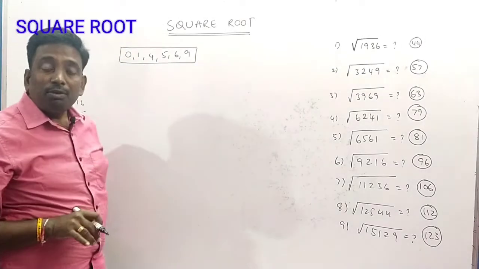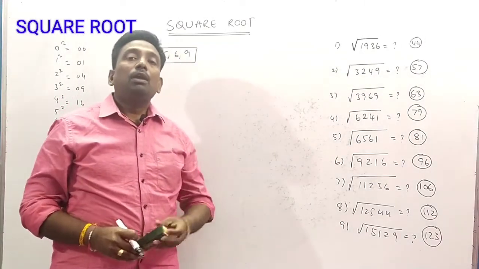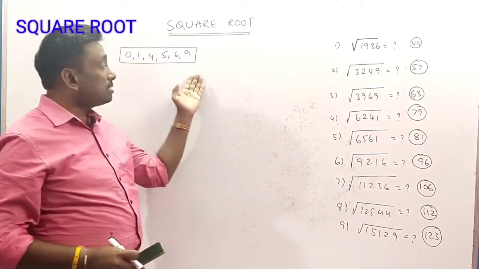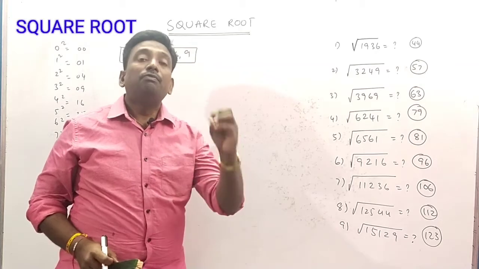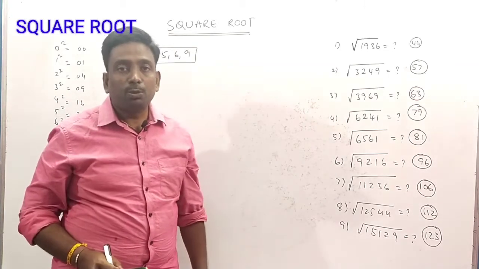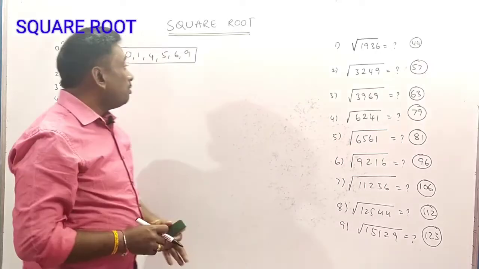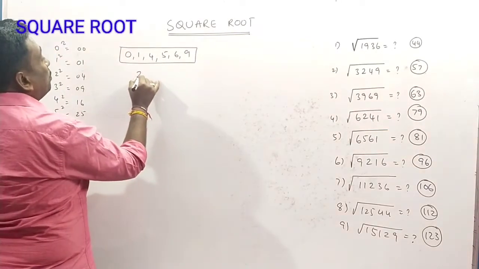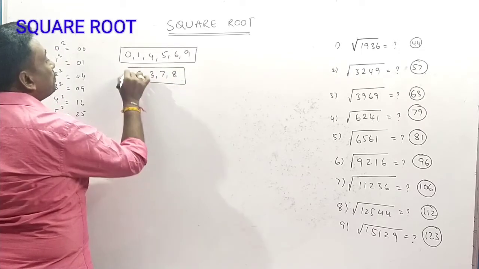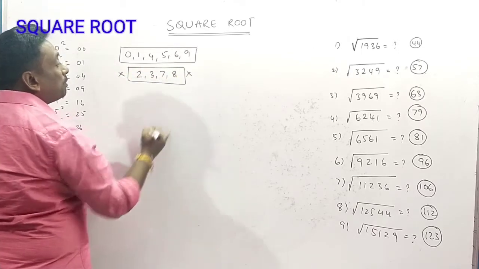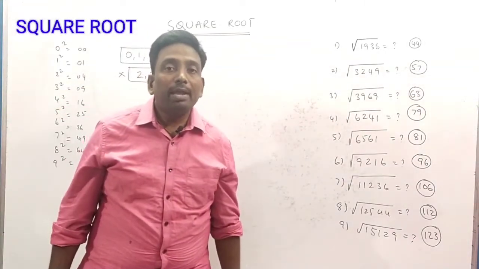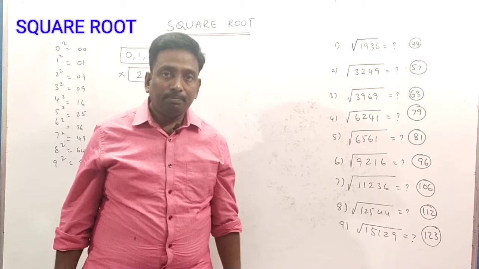Based on this, we can say that if any number has last digit either of these digits, then only there is a possibility for existing a square root for that number. In the case of 2 or 3 or 7 or 8 as the last digits of any number, we can say directly there is no square root for those numbers.